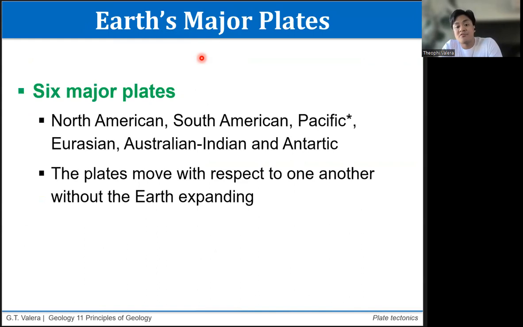The reason why Pacific here is with an asterisk is that it's the only plate which is comprised of a single type of crust. So only Pacific is composed of only oceanic crust. North America, South America, Eurasian plate, all these other plates are continental and oceanic crust.